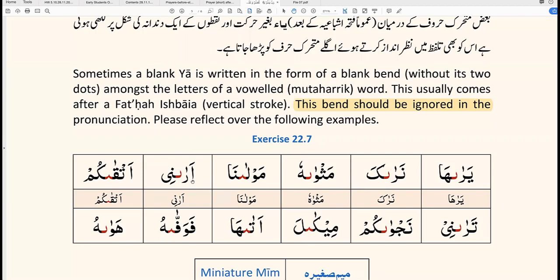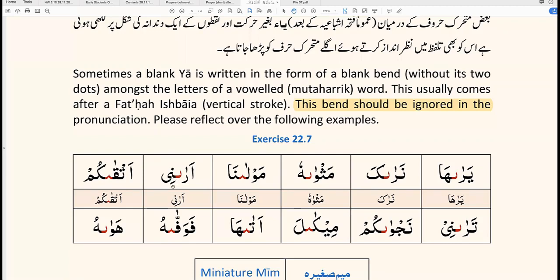A. Ra with what? What's on top? Vertical fatha. Well done. How long do we read that for? 2 seconds. Well done. Ara. This red bend, what do we do? We ignore it. Well done.